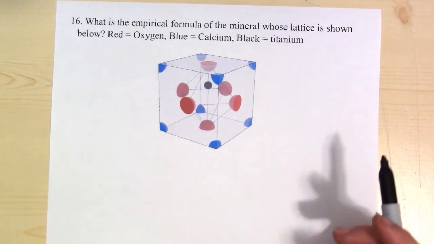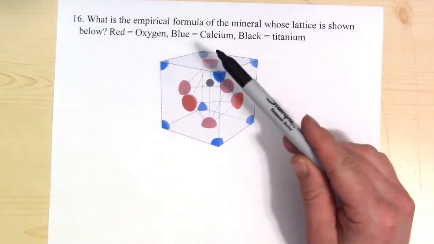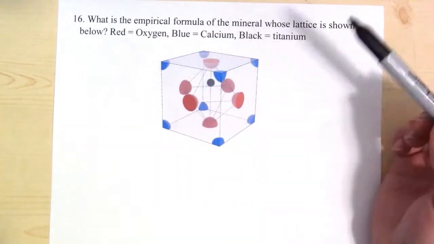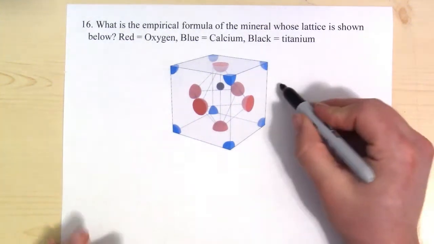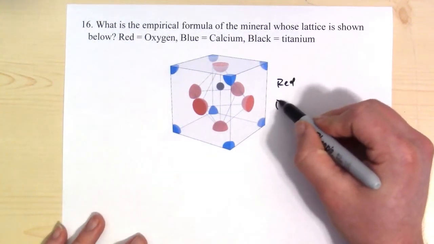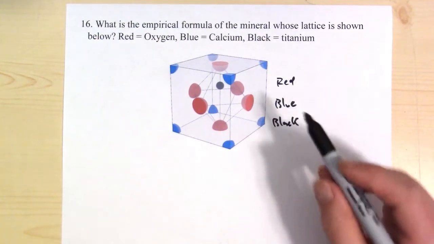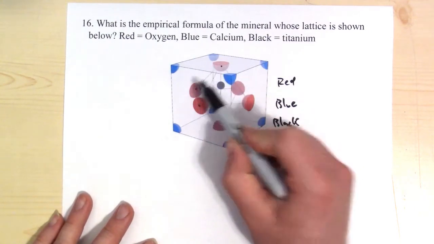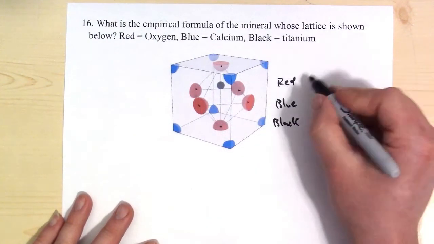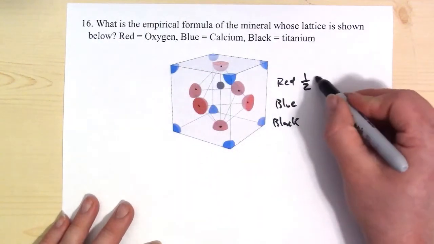Number 16, what is the empirical formula of the mineral whose lattice is shown below? So here red represents oxygen, blue represents calcium, and black represents titanium. So for the red, blue, and black, we have a red half on each face here. So half of a red, there's 6 faces.